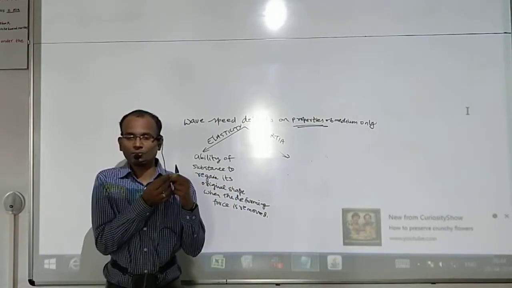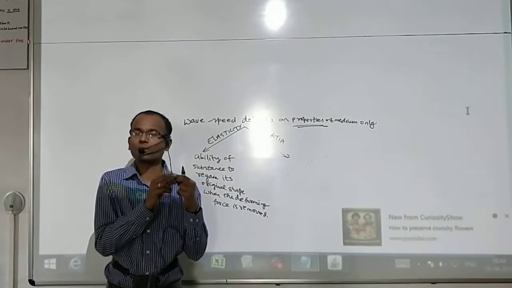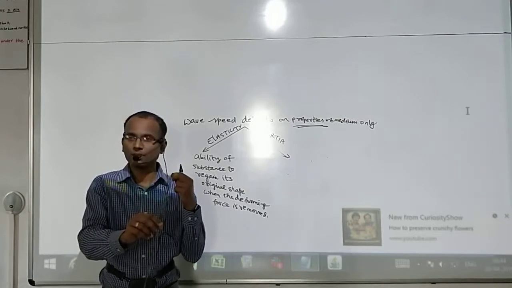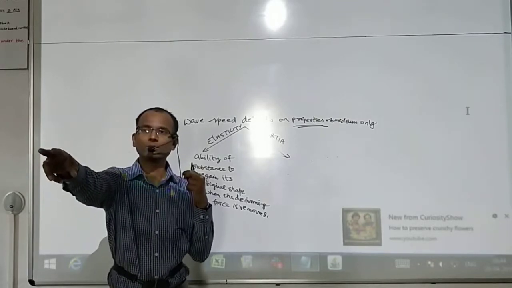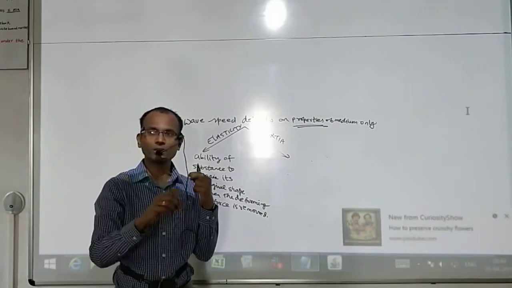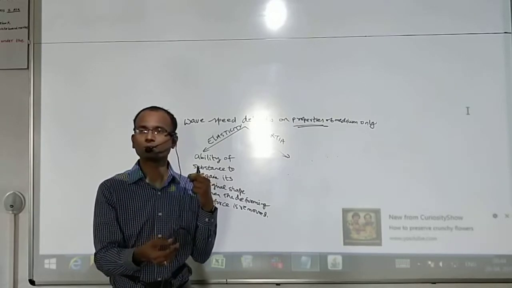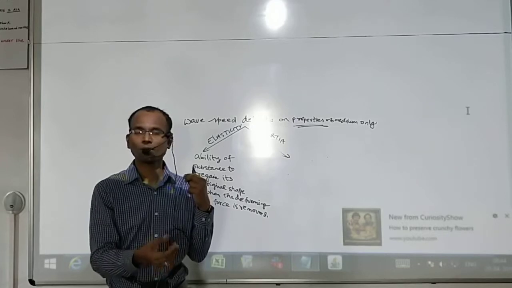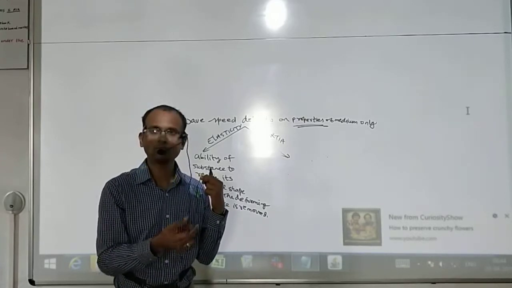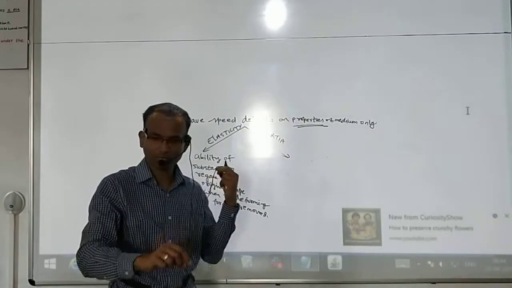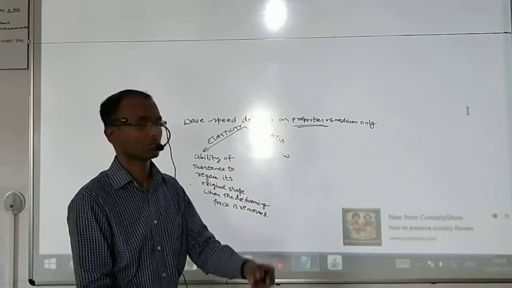If it's very tightly stretched, the tension force in the string is high, so elasticity is more, and the speed of the wave or disturbance through that medium will be higher.